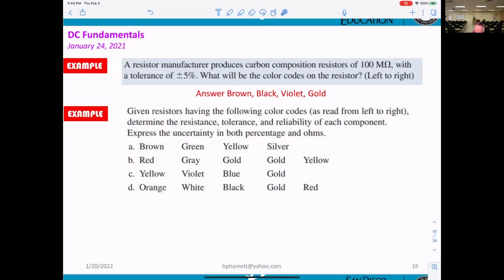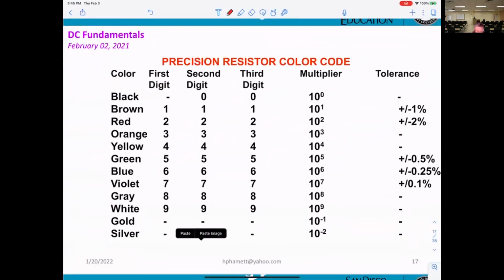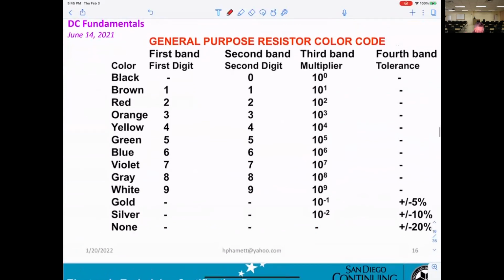The answer: the first one will be number 1. The second digit, 0. Violet, that means multiply, and gold. Gold, they're telling you, is 5%.